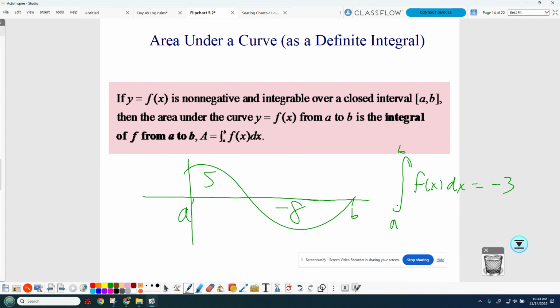Because that area is below the x-axis, it's negative. This means I went 5 feet forward, 8 feet backwards, I ended up 3 feet behind my starting line. That's what integration is, it's area under the curve, and if it's below the x-axis, it's negative.